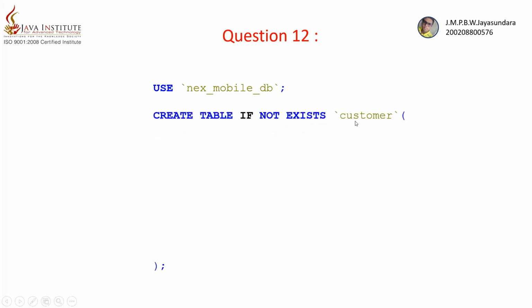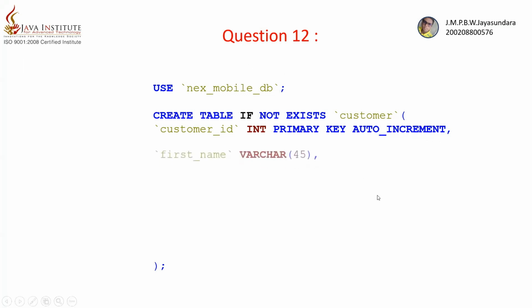First we need to give the table name and we have given it as customer, and then the first column, and we have given its data type as int, and we have defined that column as a primary key and as an auto increment column.